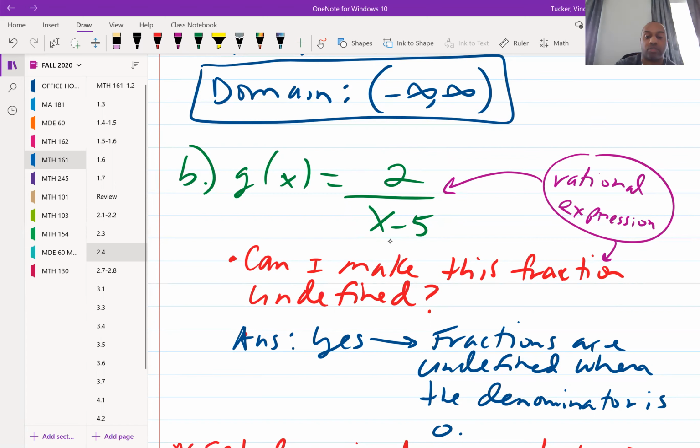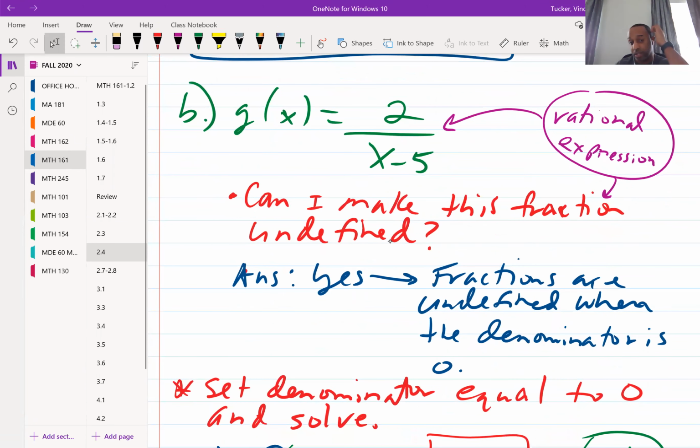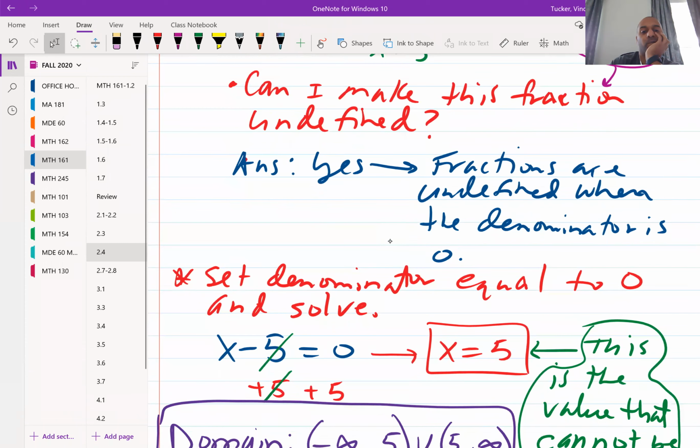So if ever I have a rational expression, I will set the denominator equal to 0 and then solve. Okay, so x minus 5 equal to 0. Solve for that, you have x equal to 5.